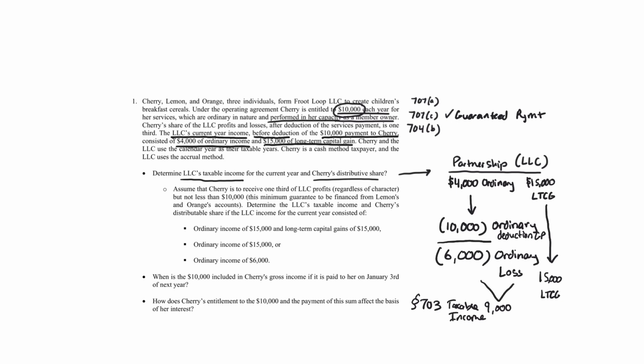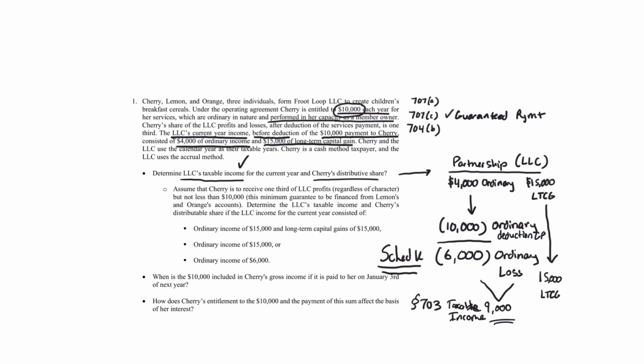Now, the question's asking specifically for LLC's taxable income, so we just did that. It's the $9,000. Again, for Schedule K purposes, it's broken up. So page 1 of the 1065 is going to show a $9,000 taxable income at the bottom. And then on Schedule K of the 1065, it's going to have $6,000 of ordinary loss, $15,000 of long-term capital gain. So that's determining the LLC's taxable income for the current year.